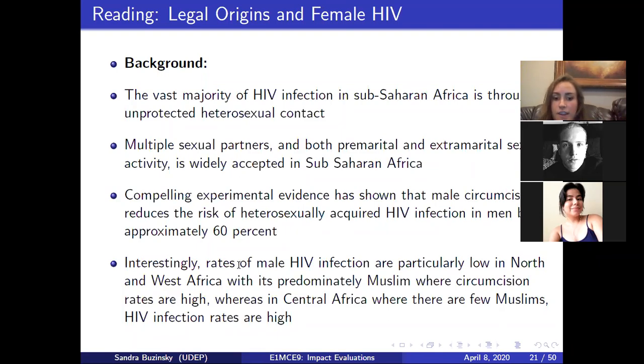Circumcision rates are high, and this Muslim culture tends to be more monogamous and less accepting of extramarital sex. So they're having less extramarital sex and more circumcision, and they find a lot lower rates of HIV among Muslim populations in Africa.